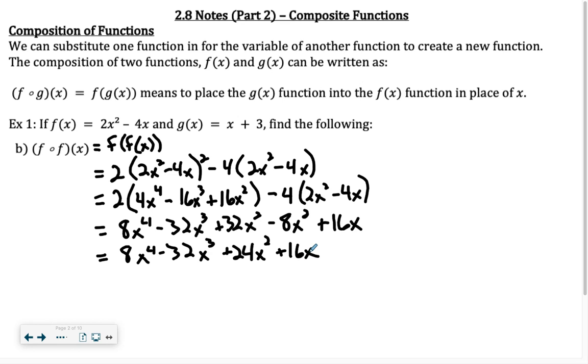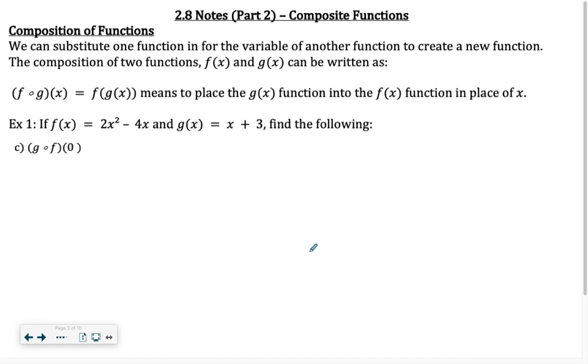All right. Now, we can also evaluate compositions at certain points. So let's take a look at g of f of 0, right? And again, I think it's a little easier if we rewrite this like this, g of f of 0. Okay, so what this means is I'm plugging 0 into f, right? I'm plugging 0 into f, and then whatever value I get there, I want to take g of that.